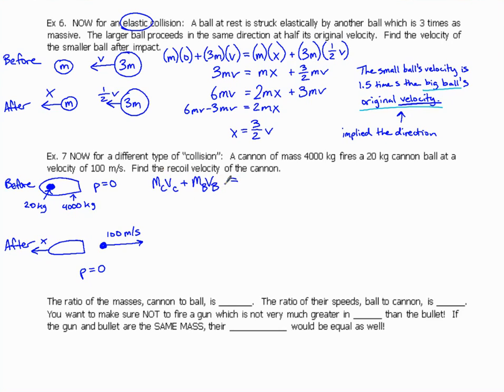These are the before conditions. And this is equal to the mass of the cannon times the velocity of the cannon prime plus the mass of the cannonball times the velocity of the cannonball prime.